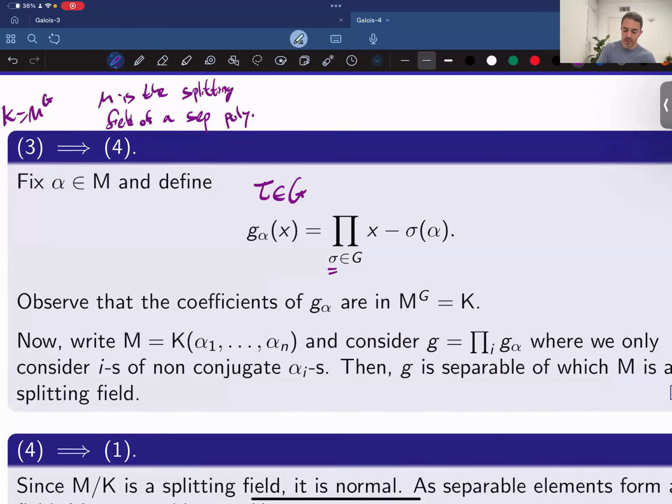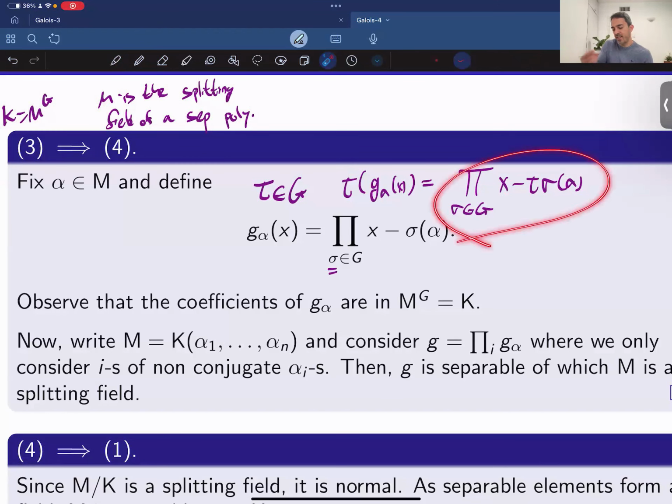So if you look at tau in G, and you apply it to g of alpha, then tau respects multiplication, so it goes through the product, and so you get a product of X minus tau sigma of alpha, where sigma iterates over all elements in G, and that's just reshuffling. It's the same polynomial, right? So that's also g of X. Tau just takes the product in a different order, maybe, but it's the same thing altogether.